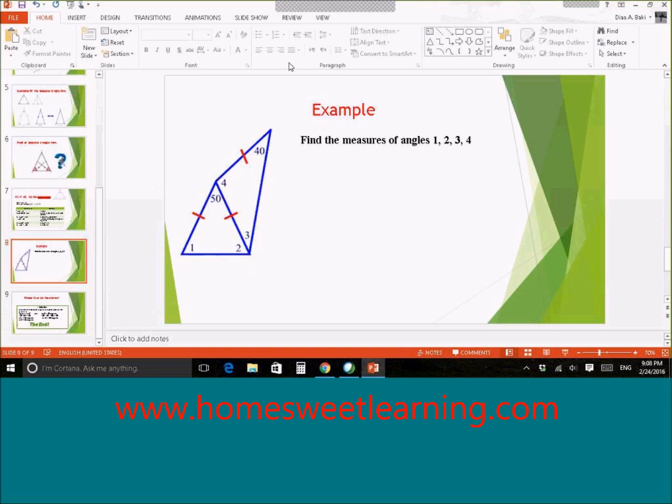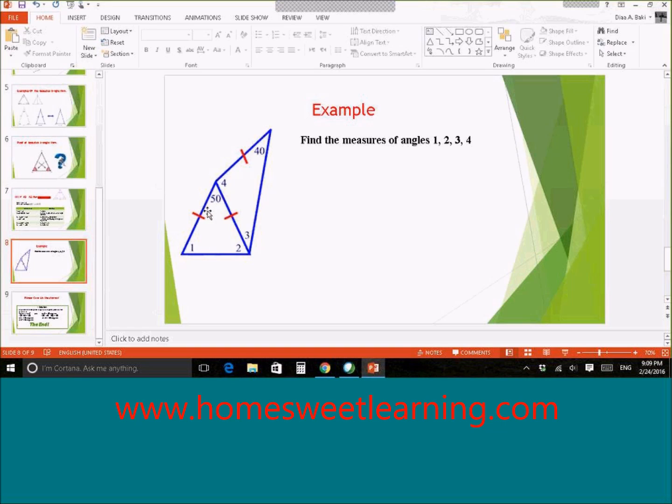As you know, from that theorem I learned, if this side is congruent to this side, then the opposite angles should be congruent. So angle 1 should be congruent to angle 2. And I know that the sum of the angles in a triangle is 180 degrees. Since the third angle here is 50, how many degrees are left for the other two? All is 180.